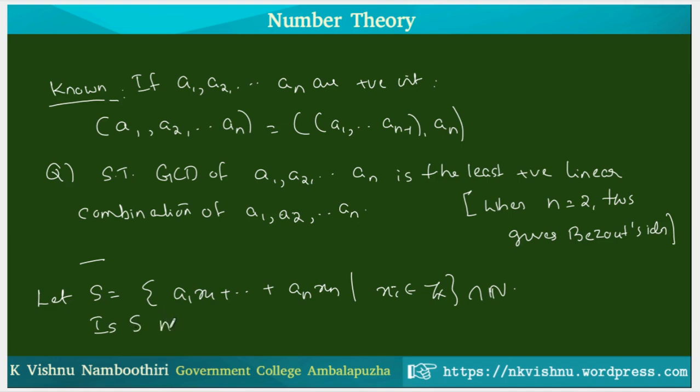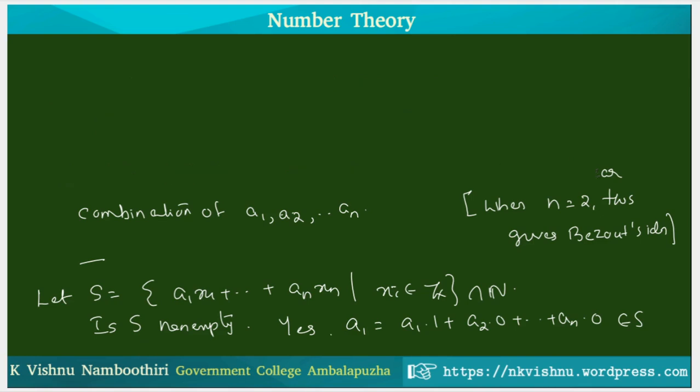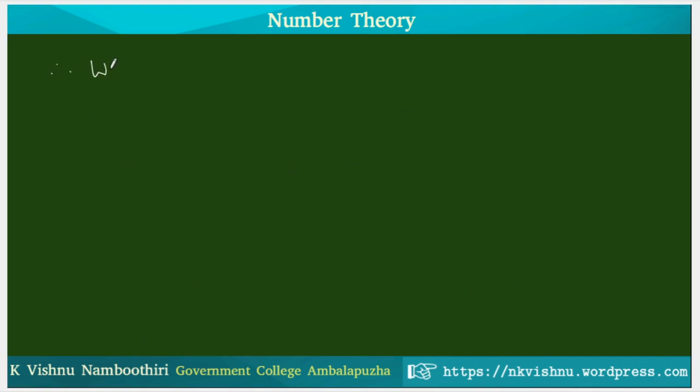The answer is yes, because a1 equals a1 into 1 plus a2 into 0 plus etc. plus an into 0. This is a linear combination, and a1 is positive. This belongs to S, and therefore S is non-empty. Since S is non-empty, the well-ordering principle is applicable.